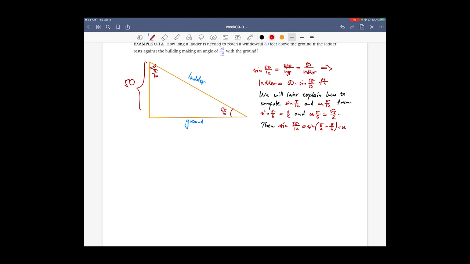Let me check something. Is this angle really pi over 12?